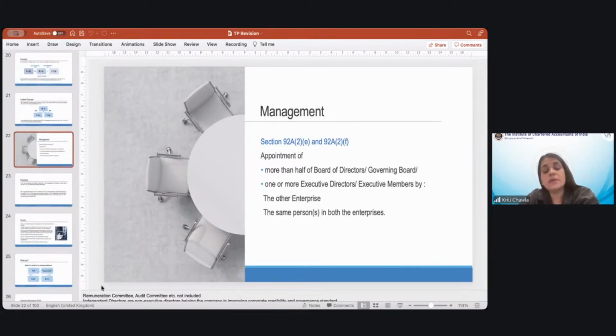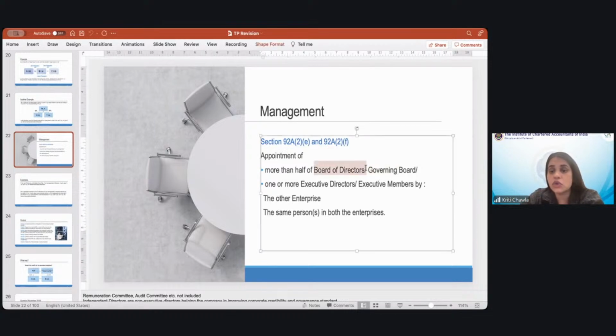Now, what you have to keep in mind is that we are looking at the board of directors or governing boards right here. So remuneration committees and audit committees are not included in the governing boards out here. Also, independent directors do not count. We're looking at executive directors or executive members.